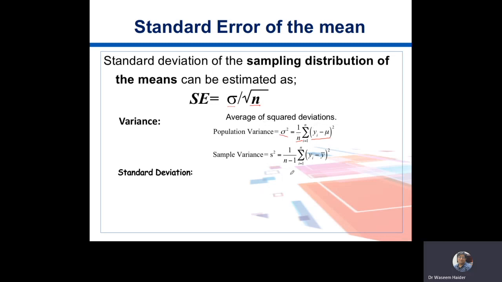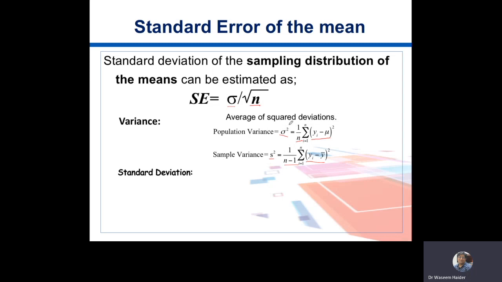And then for samples, we take the sum of squared deviations and divide it by n minus 1, which is the degrees of freedom. Population variance, since the population is a parameter, is given by Greek letters, so sigma is used, and for sample variance we use the English letter S. Sigma square, S square.